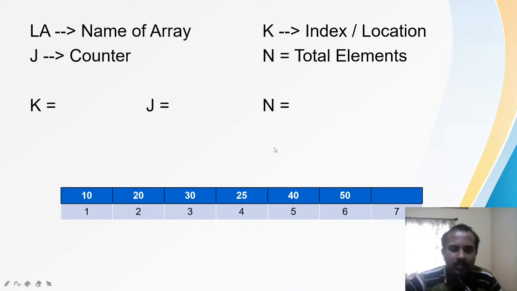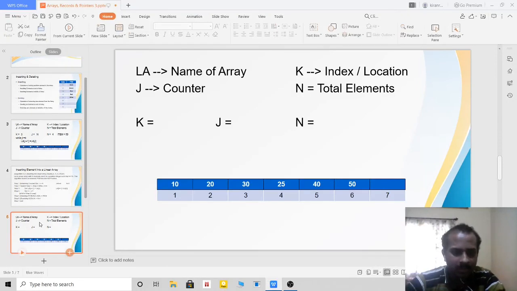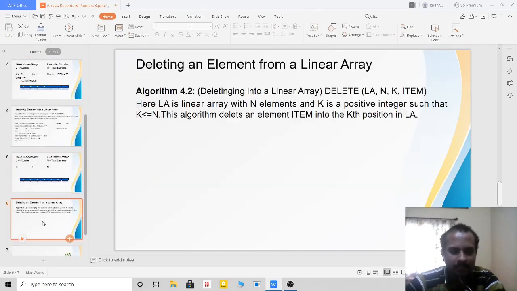Then what will happen to n now? It was previously 6. Now I have deleted one element, so n will become lesser. So n will be n minus 1. So let me write that for deleting the element at the end of the array.